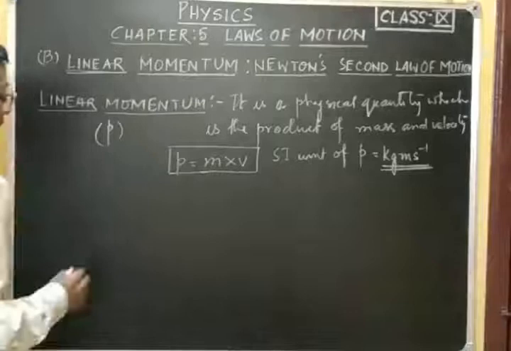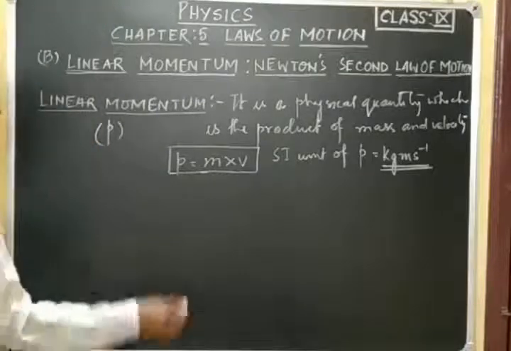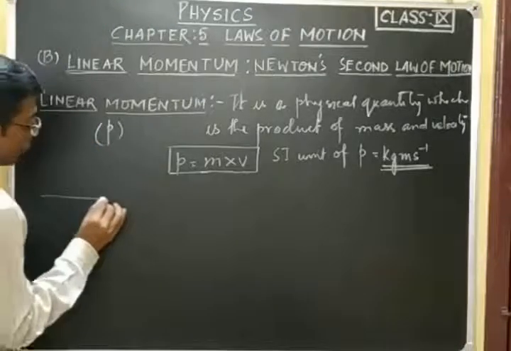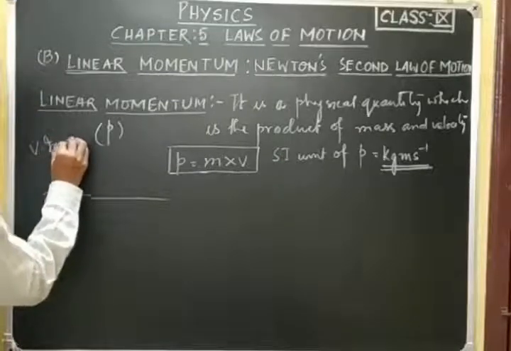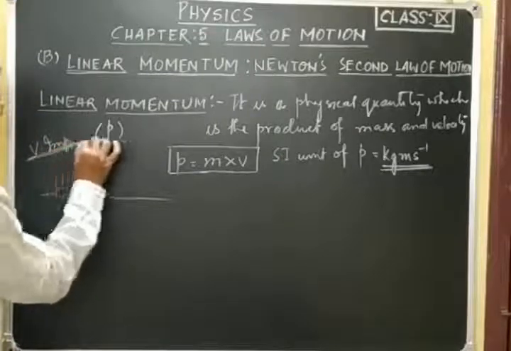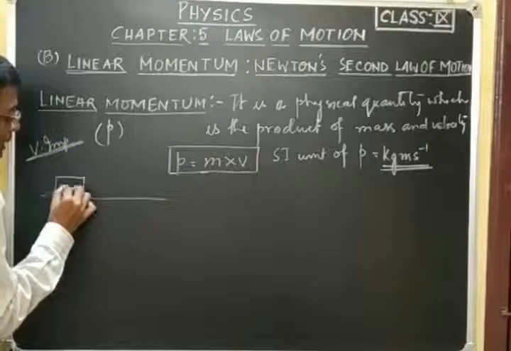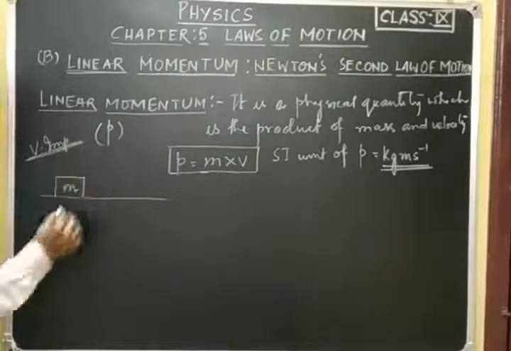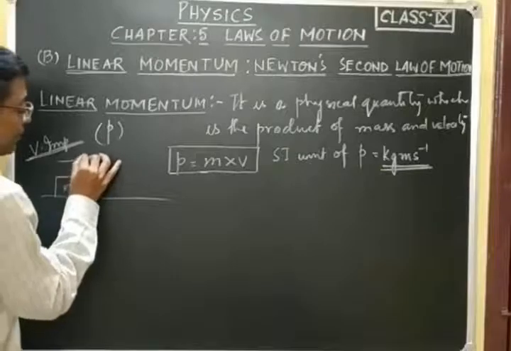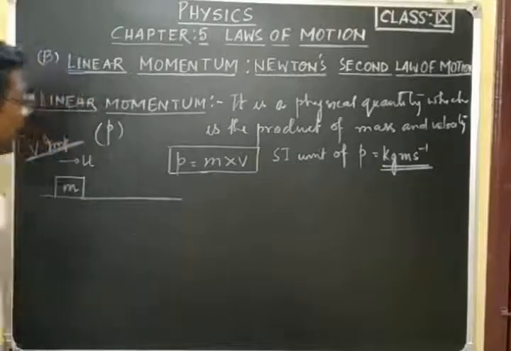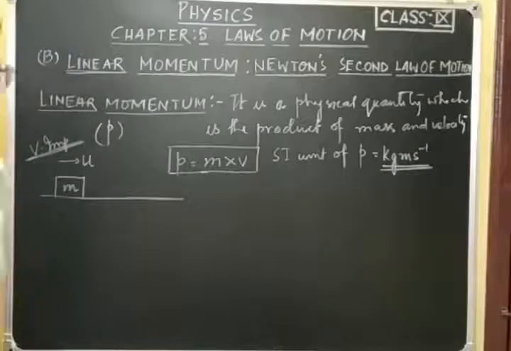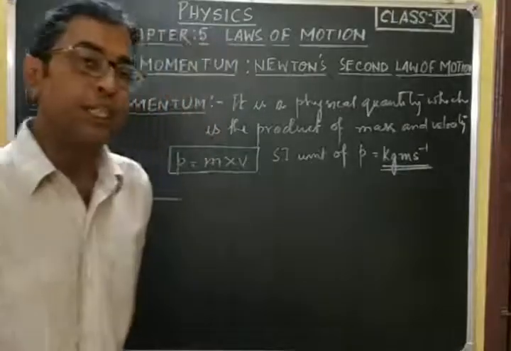Just see here. Let us assume, first of all, a body having mass. This is very important, I am telling you, and see it very carefully. Let a body having mass m be moving with initial velocity u.